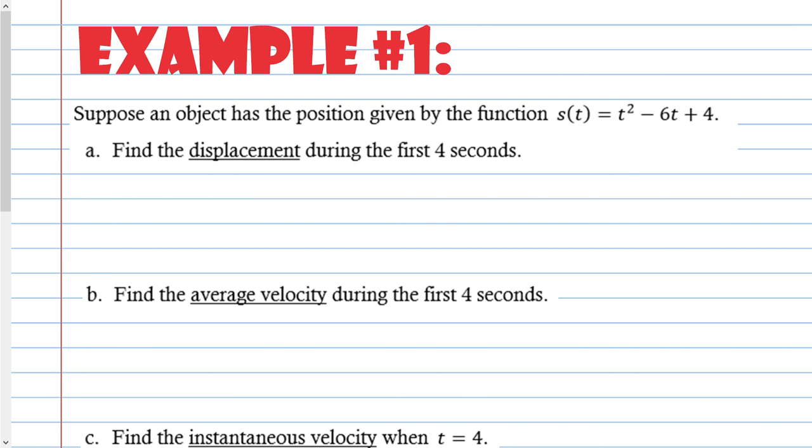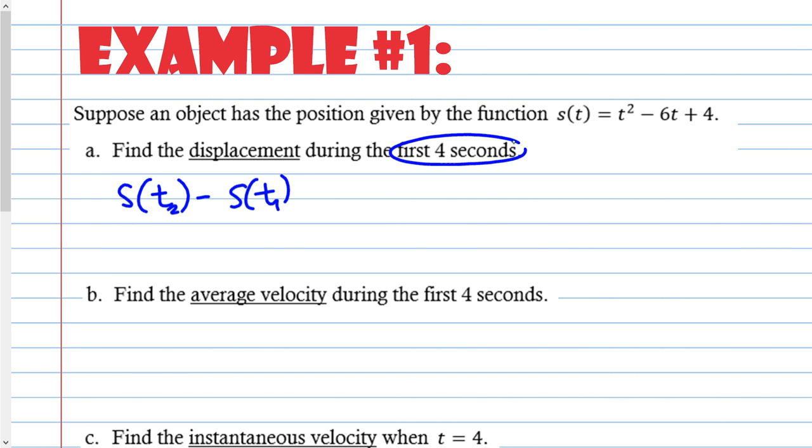Example 1. Suppose an object has the position given by the function s of t equals t squared minus 6t plus 4. So for A, we're going to find the displacement. Displacement is just s of t2 minus s of t1.